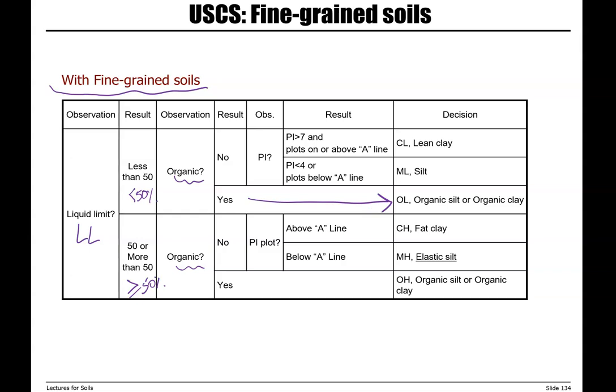If the answer is yes, we have organic silt or organic clay. If the answer is no, then you need to calculate plasticity index, plot your point in the plasticity chart, see which one of these statements are satisfied, and then come up with your final symbol.